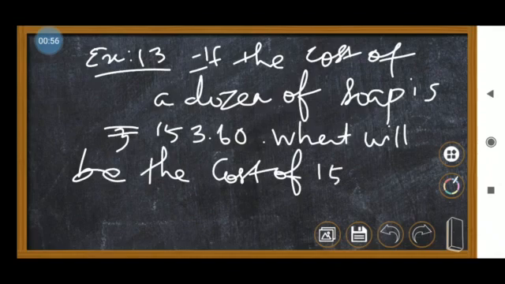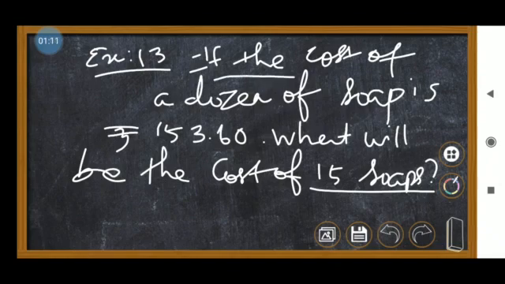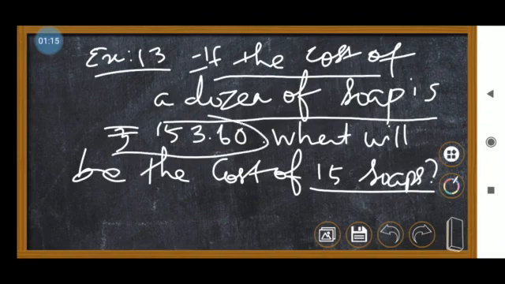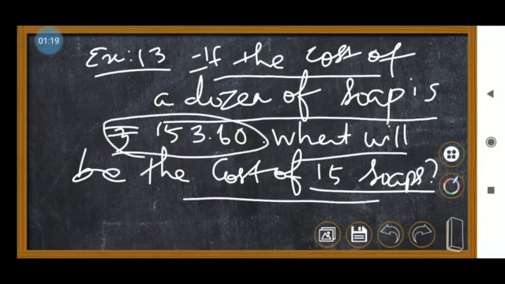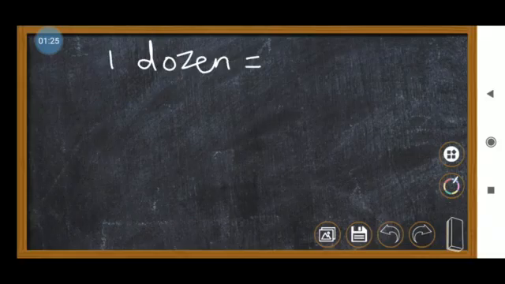Okay, so 15 such soaps. First you have to know what is meant by dozen. One dozen is equal to 12 units. Remember, if the cost of a dozen of soap is 153.60 rupees, what will be the cost of 15 soaps?